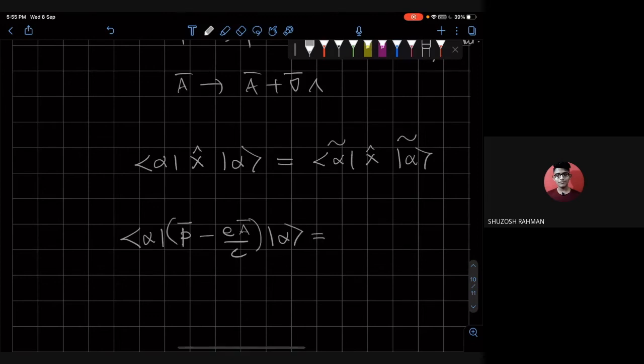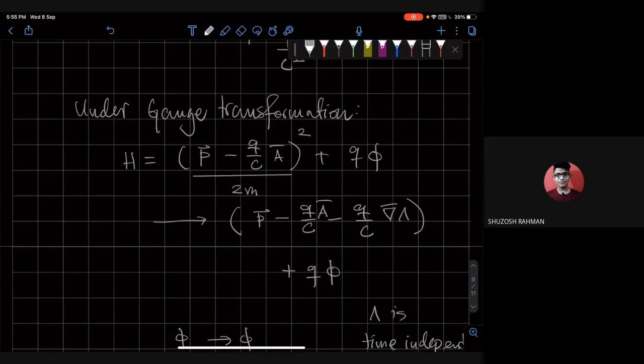But we know that this whole thing changes to P minus QA tilde by C, where A tilde is the new A. Sorry, I was wrong to say that P changes. What changes is A, right?